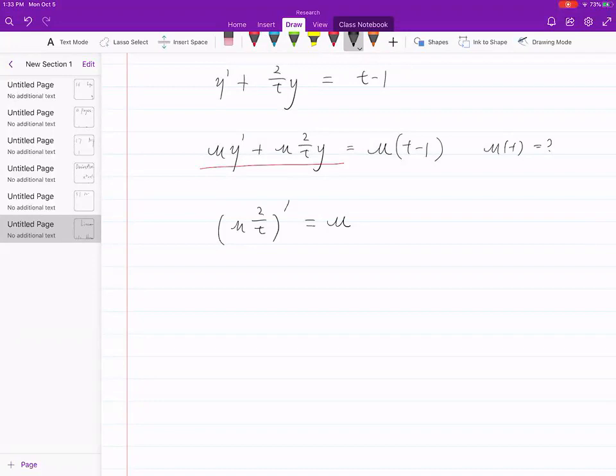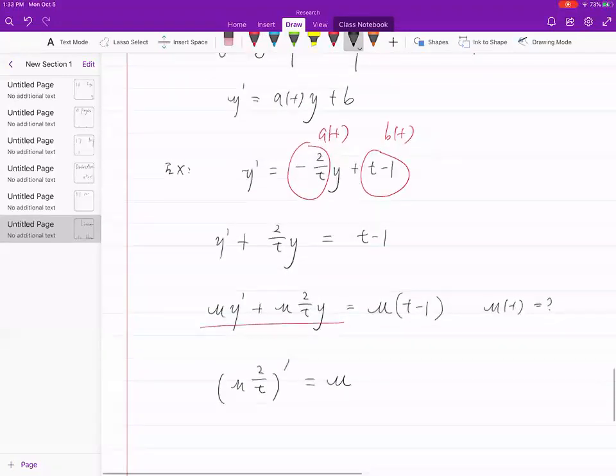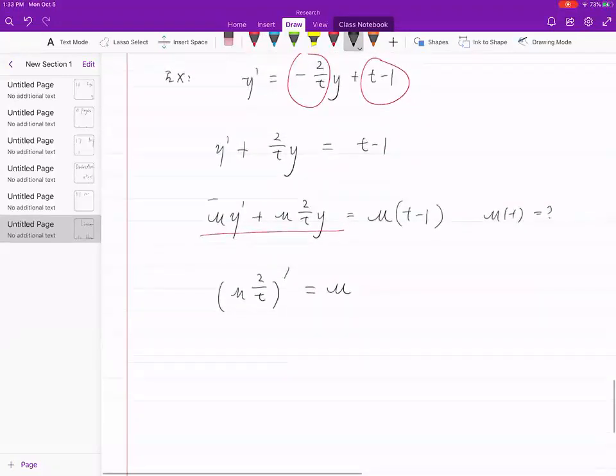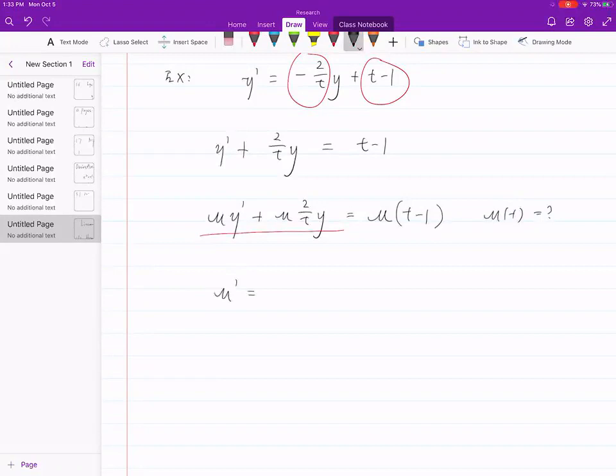It looks right. I want this part to be the derivative. I want that part to be the thing. So what I want is the reverse order. Okay. Hold on. I want mu prime equals mu 2 over t, because I want this part to be the derivative and this part to be the original thing.